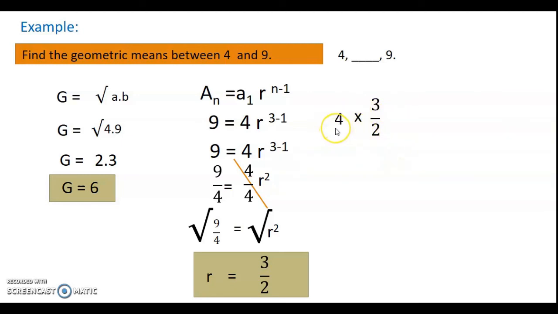Because our number here is 4, it is understood that the denominator is 1. So 4 times 3 is 12, and 1 times 2 is 2. So 12 divided by 2 is equal to 6. So we will get the same answer. The geometric means between 4 and 9 is 6.